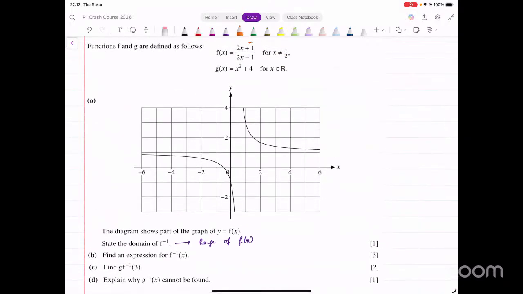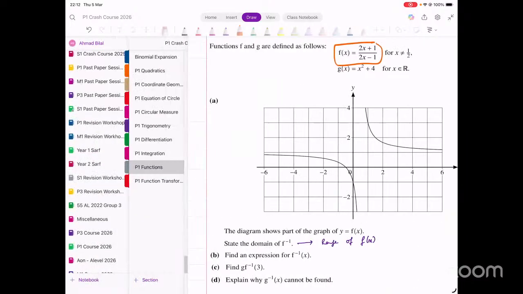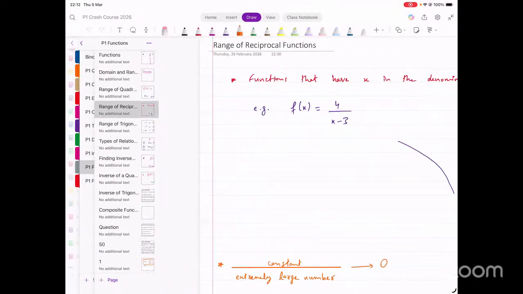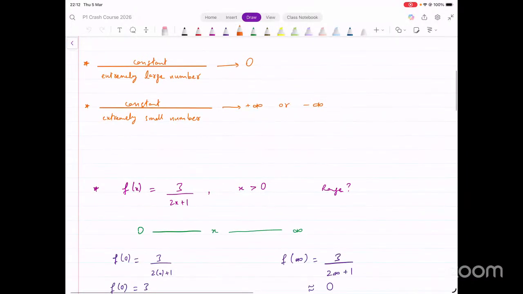It's a reciprocal function. Generally, we said if we have a reciprocal function, we looked at the method for finding range for that, right? We said we would not need to draw the graph for this ourselves. It's not part of our syllabus to be able to draw graphs of reciprocal functions.